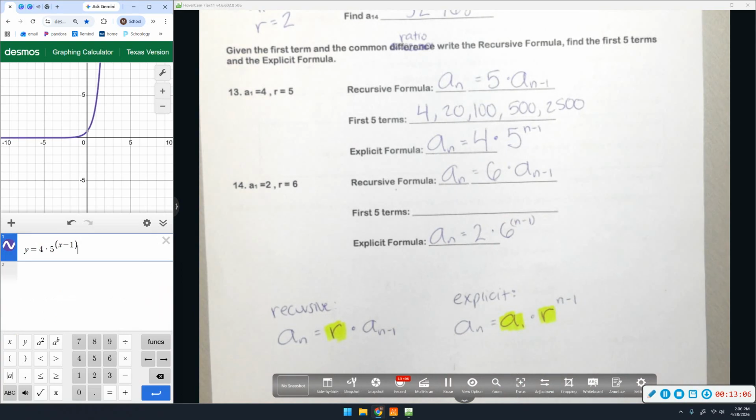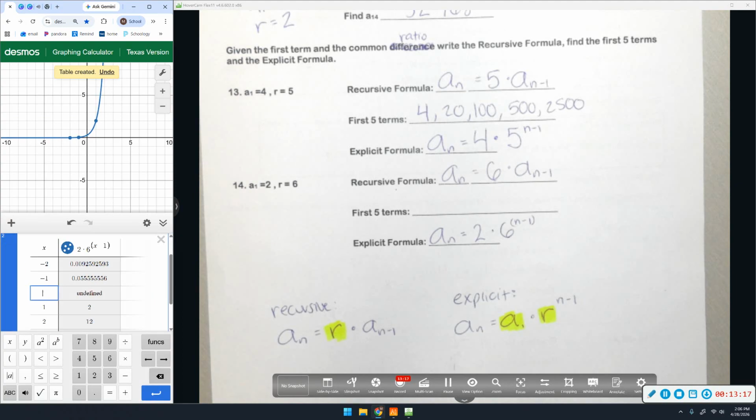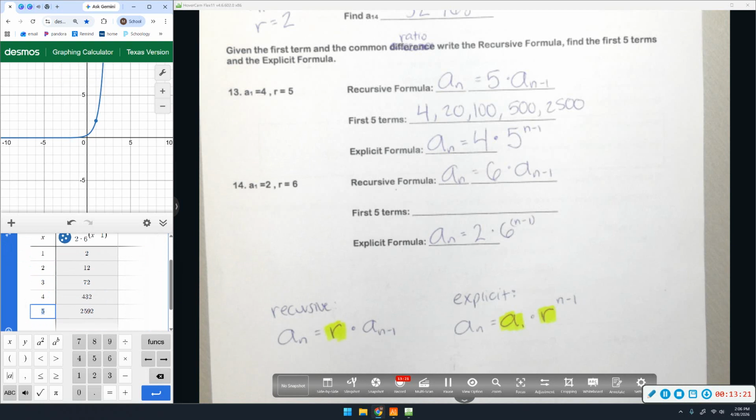Okay, I have my 2 formulas on the board. That is what yours should look like. And there are our first 5 terms.